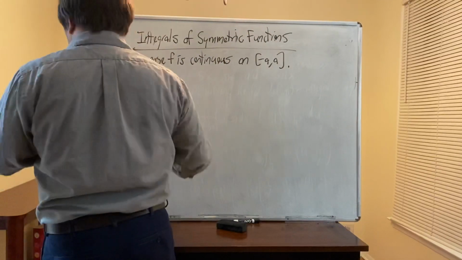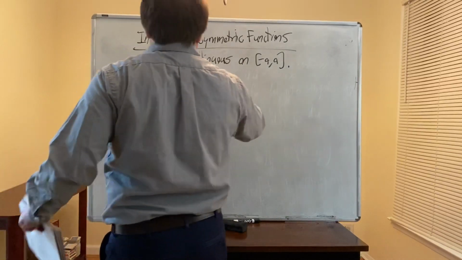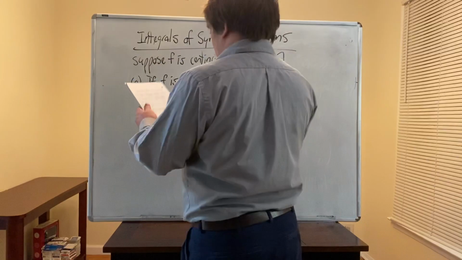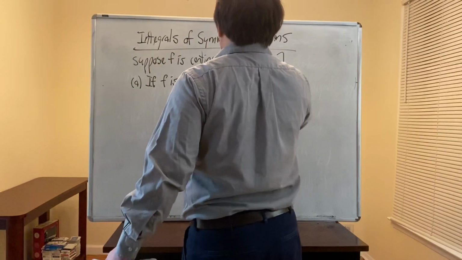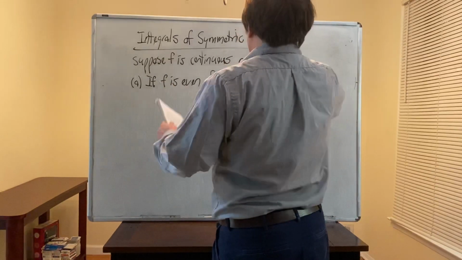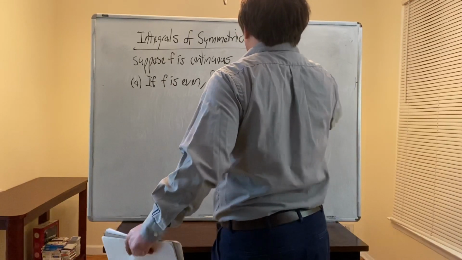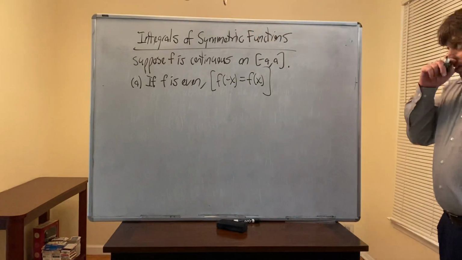Part A, if f is even, by f is even, you mean f of negative x equals f of x. F is even means f of negative x equals f of x for all x.